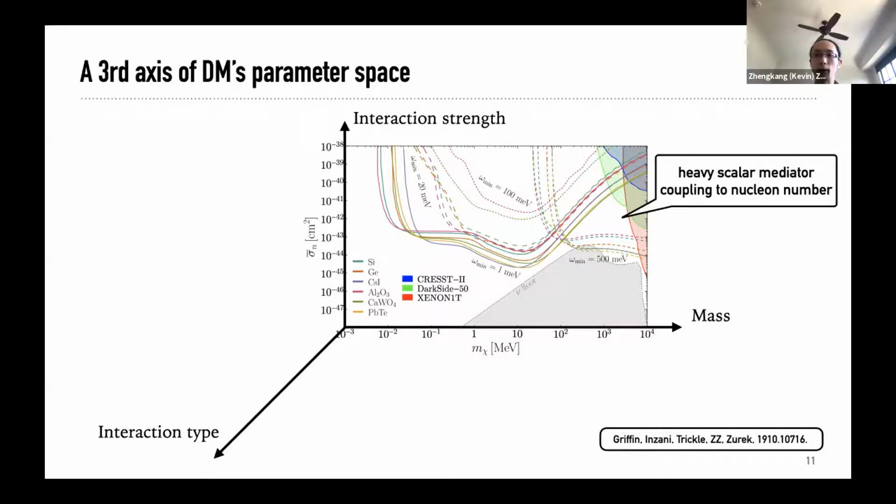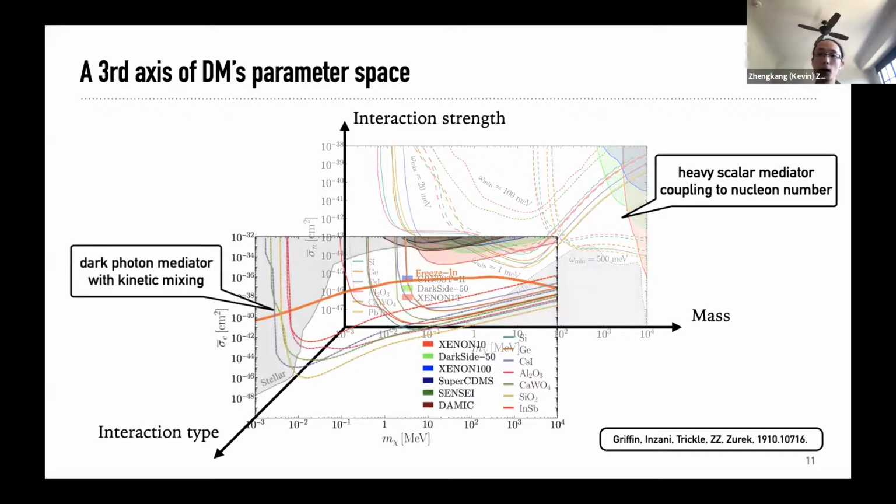So what I'm showing here is for a particular dark matter model where there is a heavy scalar mediator coupling to the nucleon number. And this is what corresponds to the canonical model for the spin-independent interaction considered in nuclear recoils. But of course, we can consider other models as well, and they live in different slices of this parameter space. And another often considered benchmark model is the dark photon mediator with kinetic mixing.